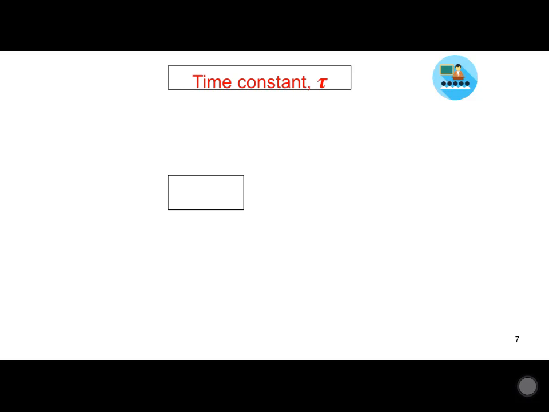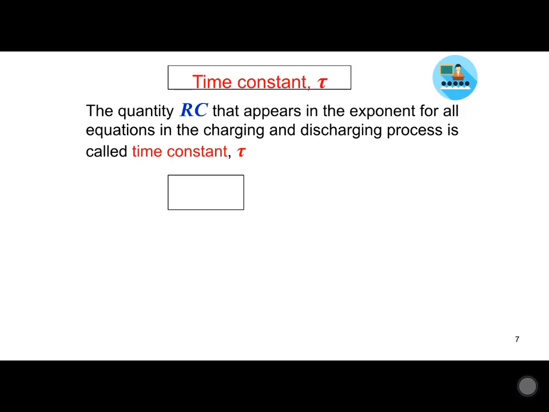So now let's look at the time constant that we have seen in the graphs for both charging and discharging. The time constant is called tau. It is the quantity RC that appears in the exponent for all equations in the charging and discharging process. So this is the physical meaning of it. The equation is tau equals RC.